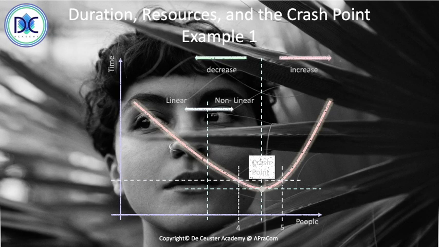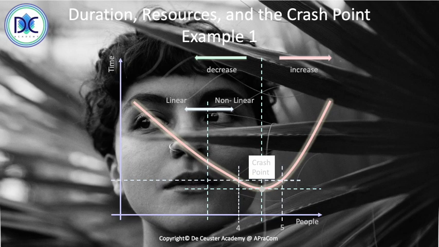Here we have a curve, the number of resources, the people, and the time to complete the activity. We see this line and we see that there is a minimum, and that minimum is basically what we call the crash point. Once we surpass the crash point, we see that adding more resources leads to an increase of duration.